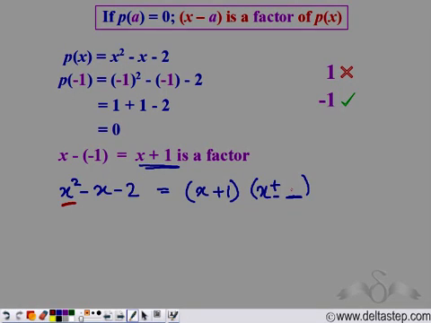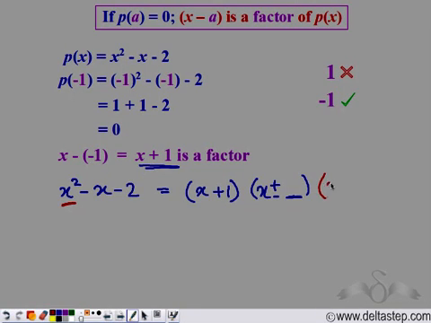In general, whenever we have a quadratic polynomial in which the coefficient of x square is equal to 1, then we have two factors of the form x plus or minus something, so that this x and this x give us x square. What if we have three factors?